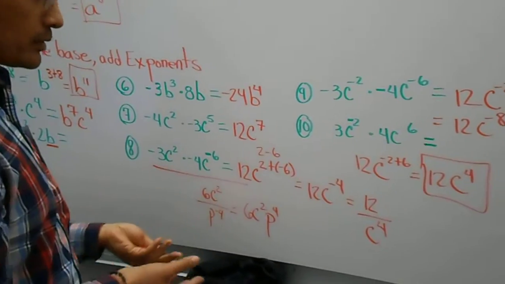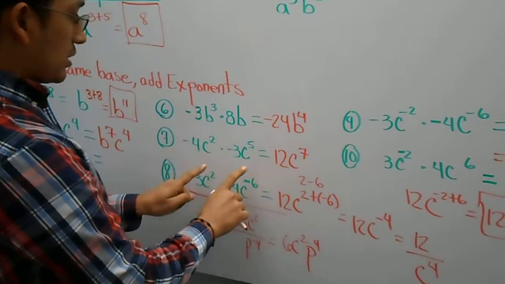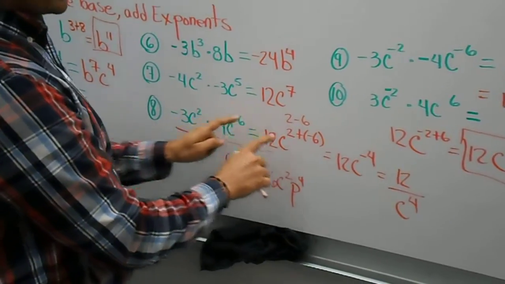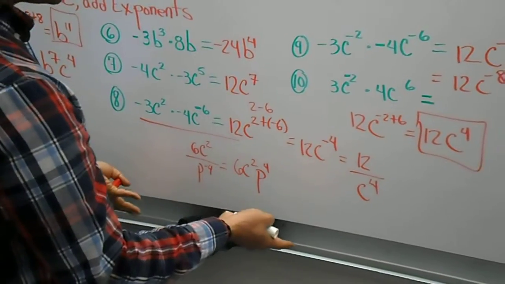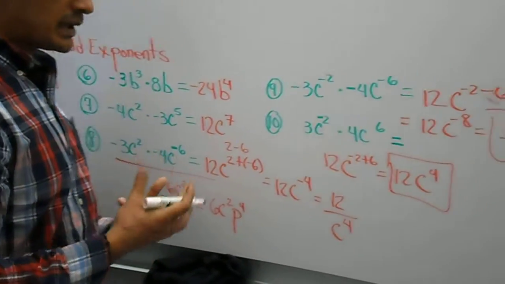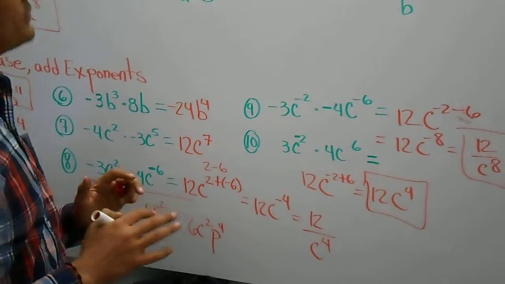So this is everything that they could give you in terms of multiplying exponents with the same signs, positive, or different signs, or the same signs that are both negative. So this is just a quick review. If you want me to go over any more particular detail, just write me a message.